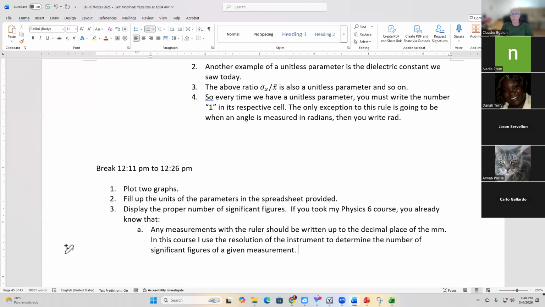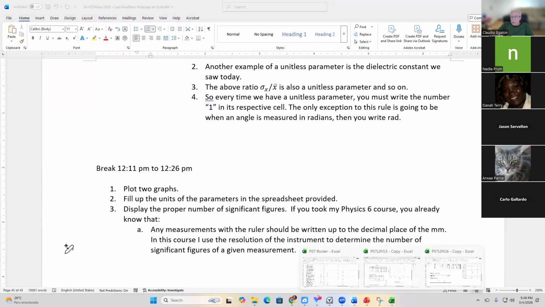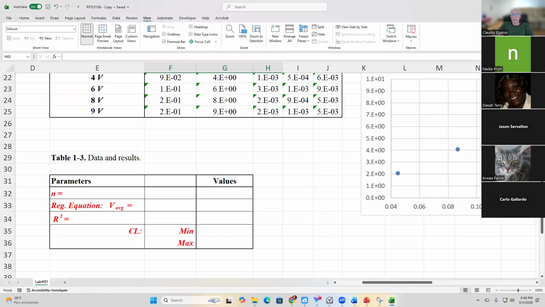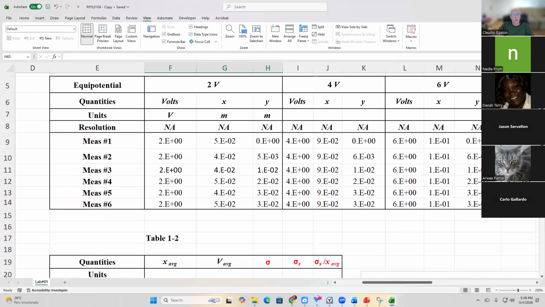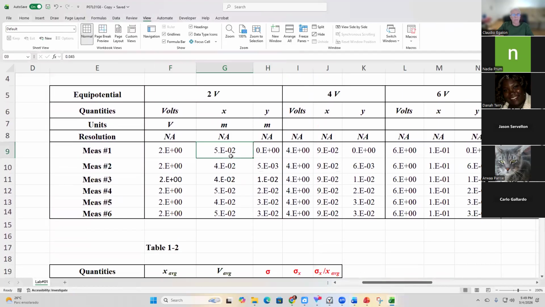Okay. So let's take a look here. One example right in here. X. So those X and Y's coordinates were measured using a ruler.